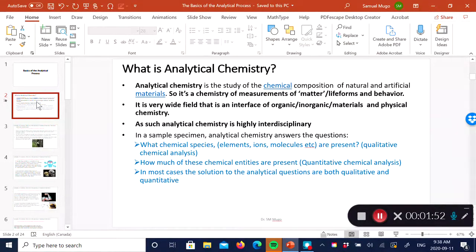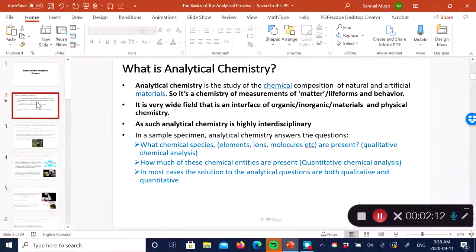But in most cases, you're not just looking for what is present, but you want to know how much of that chemical entity is present. And that is what you refer to as quantitative chemical analysis. You are looking to quantify how much is present.